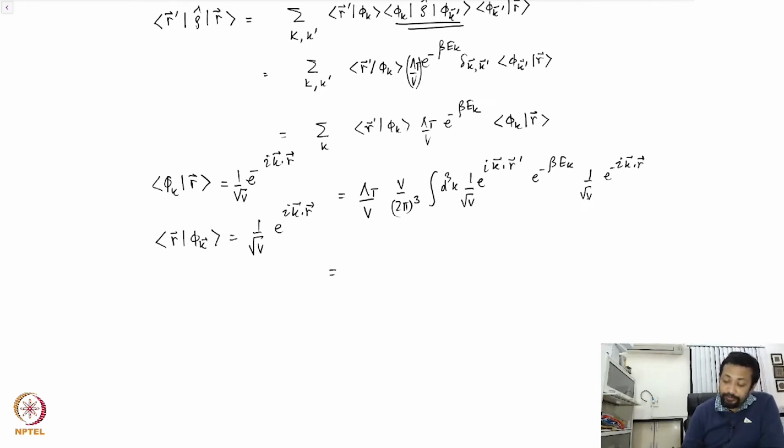So you see all of this, I have a factor V, then I have 1 over V. This cancels, square root V gives me a V, so I have 1 over lambda, so lambda_T over V integral d cubed k e to the power minus beta h bar squared k squared over twice m, e to the power i k dot r minus r prime.